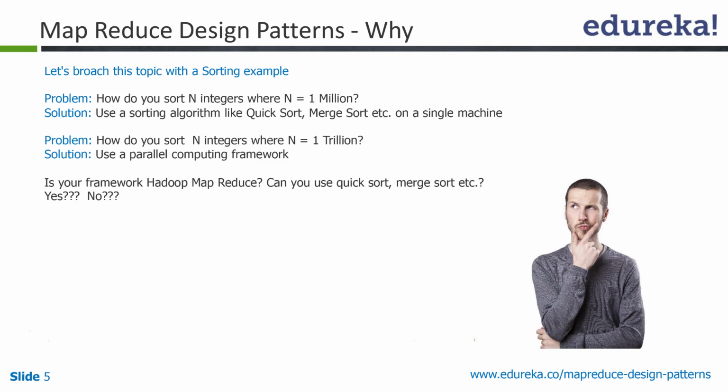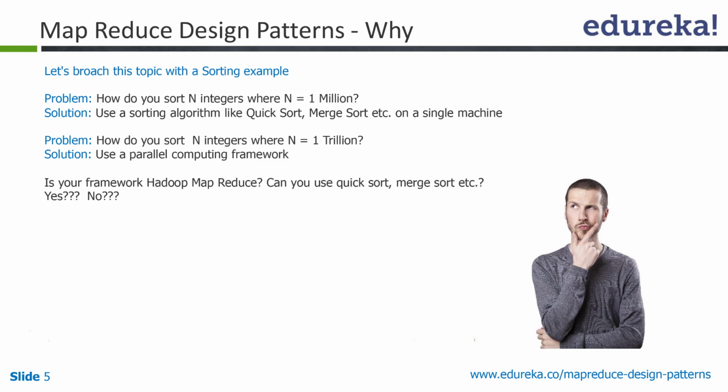But now the problem is, if you have data which is 1 trillion records, of course you cannot sort that on a single machine. You'll require a parallel computing framework like MapReduce. But the question is, can you directly use quick sort on this framework? The answer is no, because the very structure of this MapReduce framework would not allow you to do that.